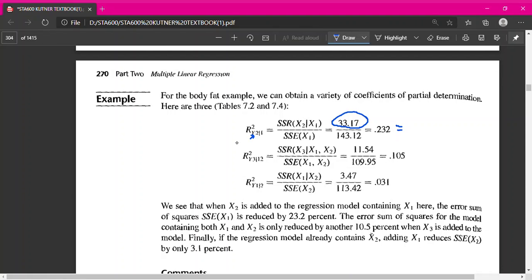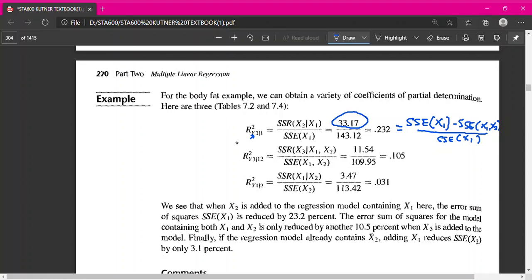Yang ni. Extra sum of square, the formula it will be, kalau nak guna SSE, nak guna SSR pun tak ada masalah. SSE x1 minus SSE x1, x2. Divide dengan SSE of x1.